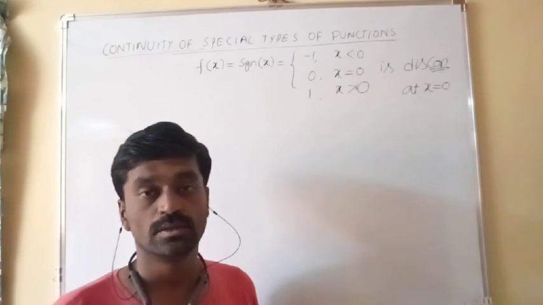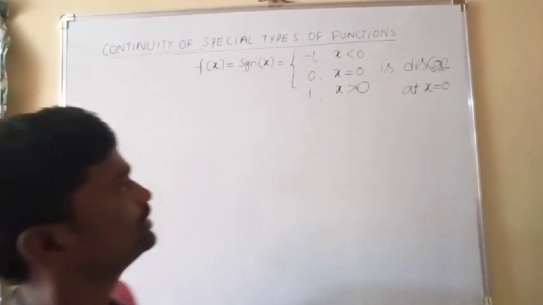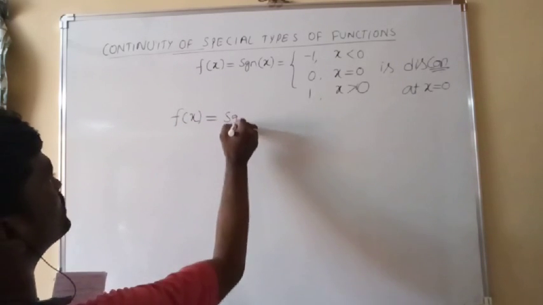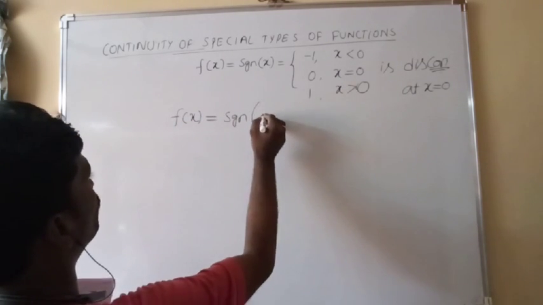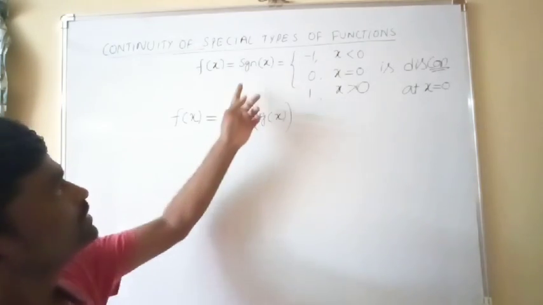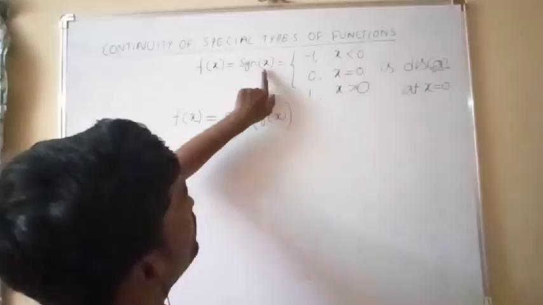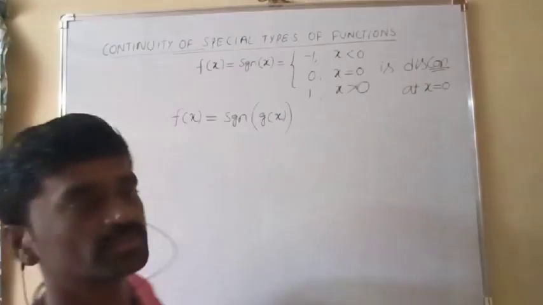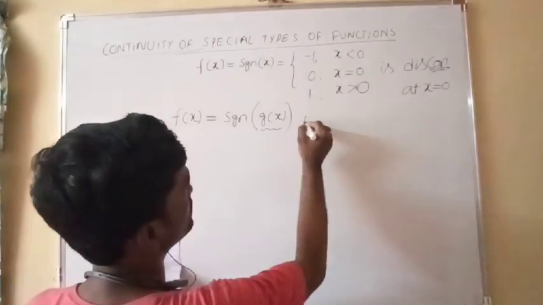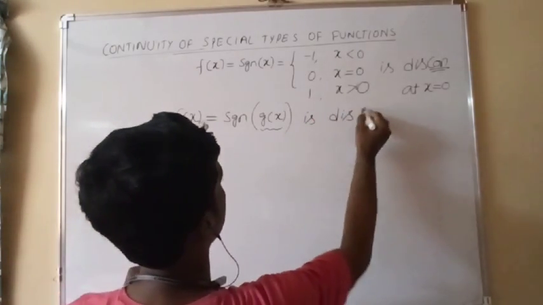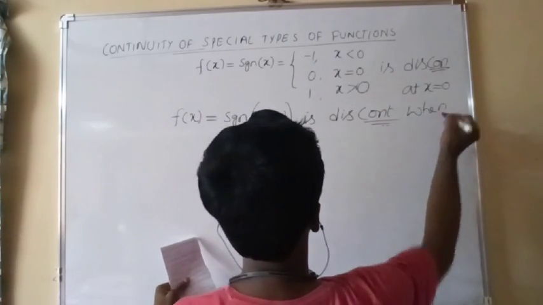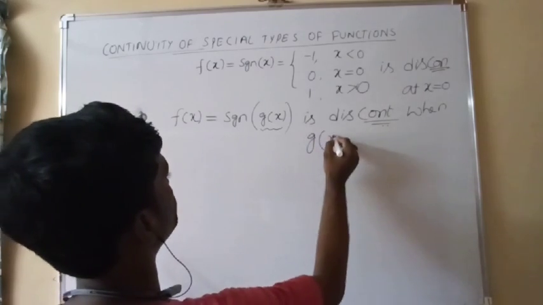So in general, suppose the given function f of x is in the form of signum of some function g of x instead of x. Signum of x is discontinuous when x is equal to 0, in the same way signum of g of x is discontinuous when g of x is equal to 0.